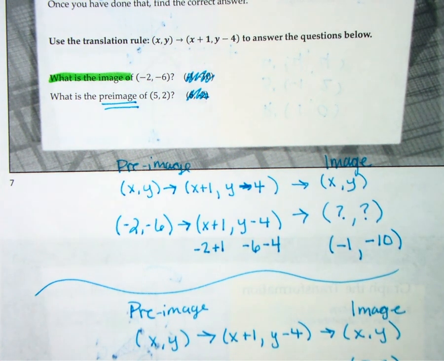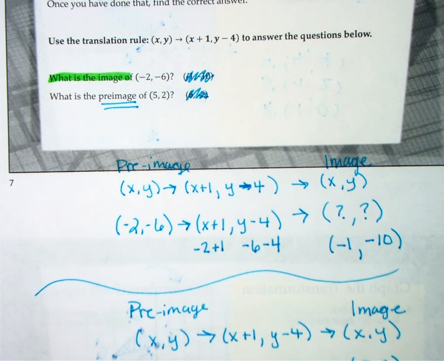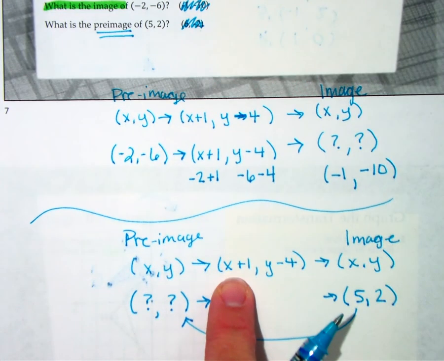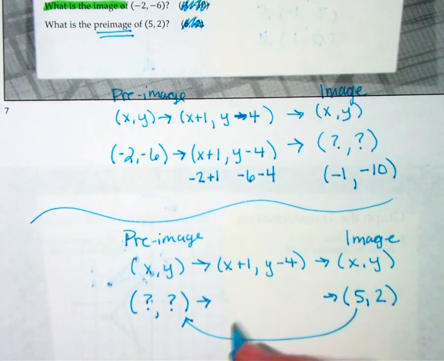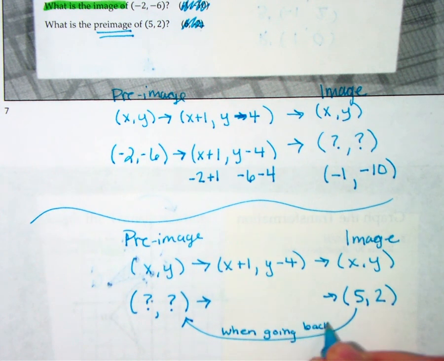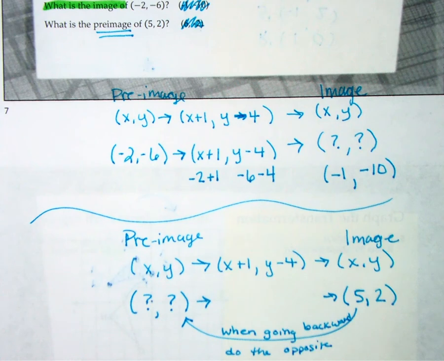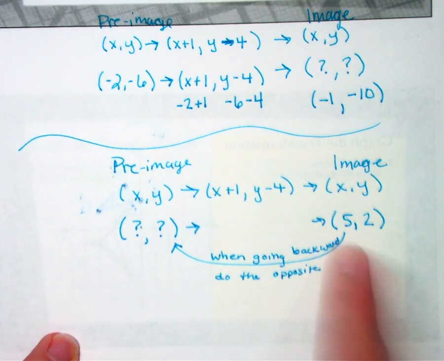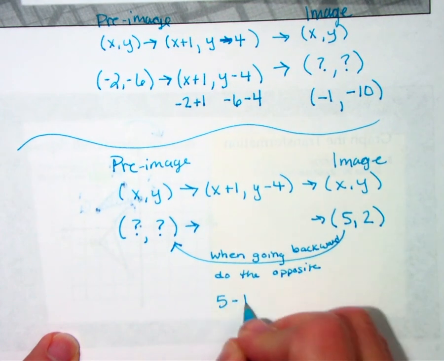Okay, so since we're going backwards, are you going to add 1 to your x value? No, because we're going backwards. Do the opposite to find your answer. So instead of doing my 5 plus 1, I'm actually going to do 5 minus 1.